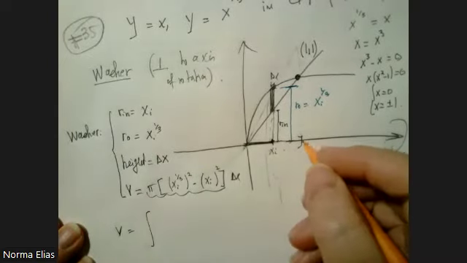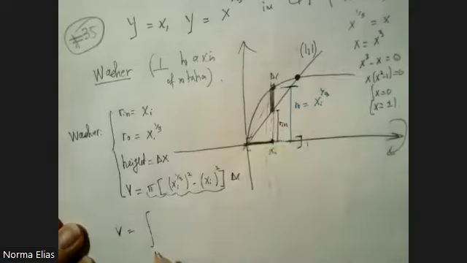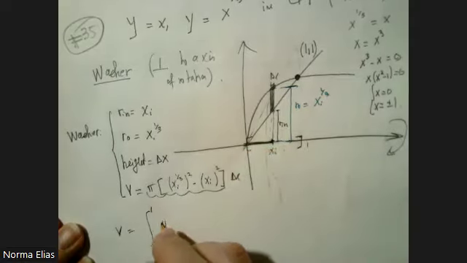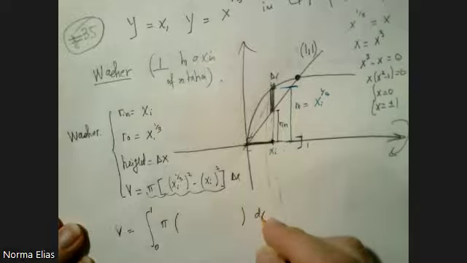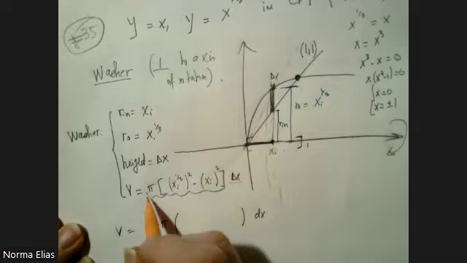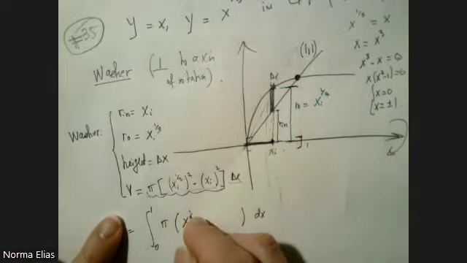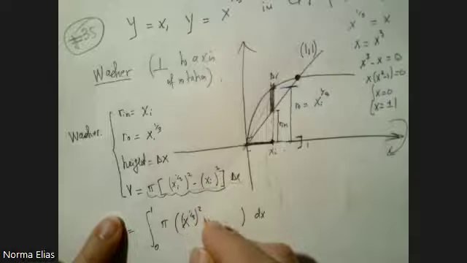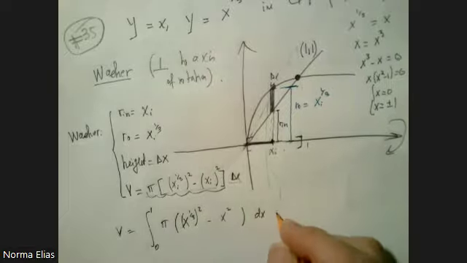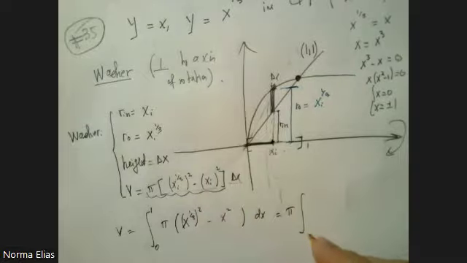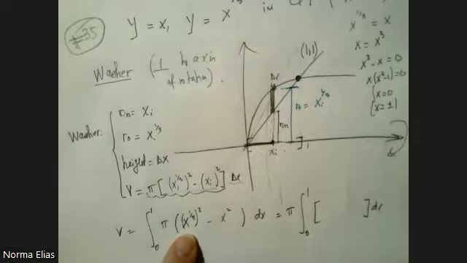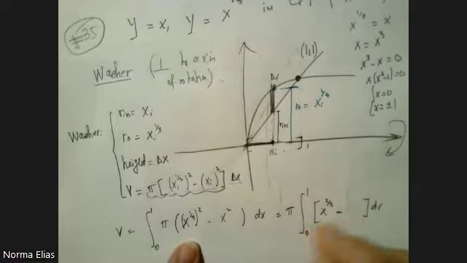So the volume is going to be the integral from 0 to 1 of pi times the delta x, which makes it a volume, and this is the base. So pi times x to the power of a third squared minus x squared, which means pi times, now I simplify and then I integrate, which is a very easy integral. x to the third power to the half, we multiply the powers, gives me x to the power 2/3 minus x squared.